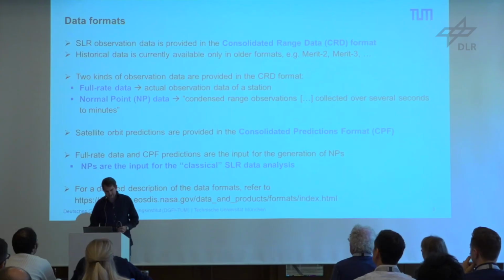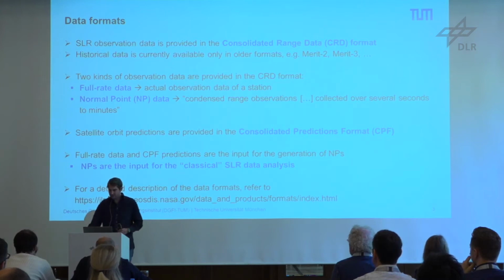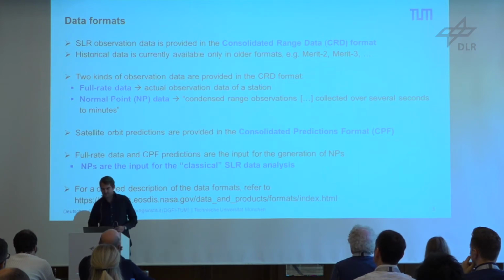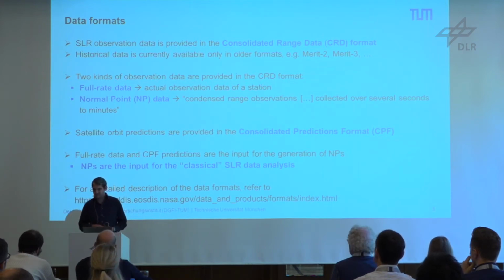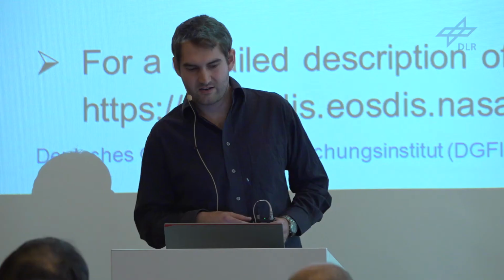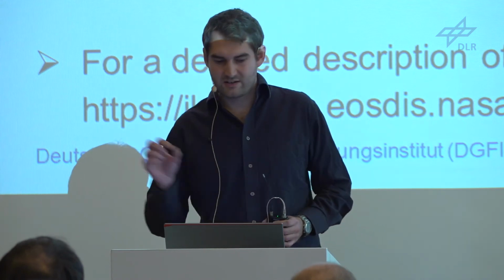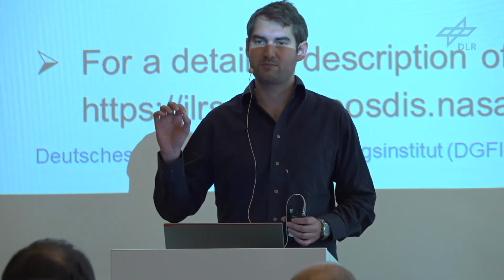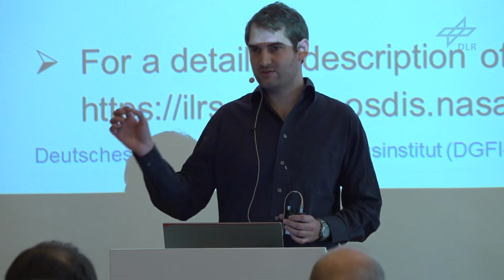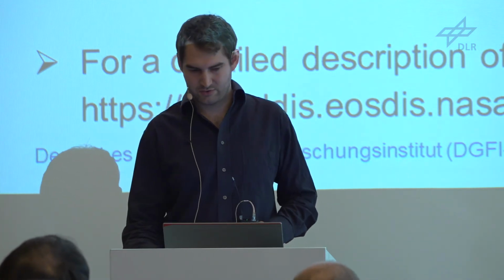We use the second observation type, which is the normal point data, and it is defined on the ILRS webpage as a type of condensed range observations collected over several seconds to minutes. This means we take our full rate data and calculate an average observation in order to reduce the amount of data that we have to process.